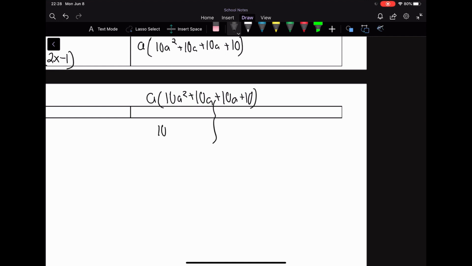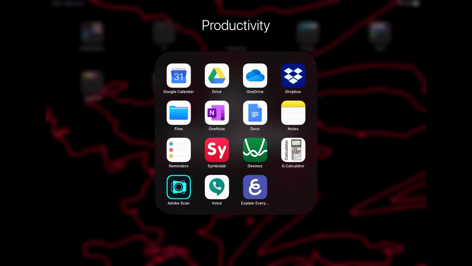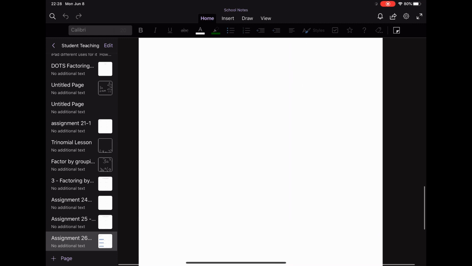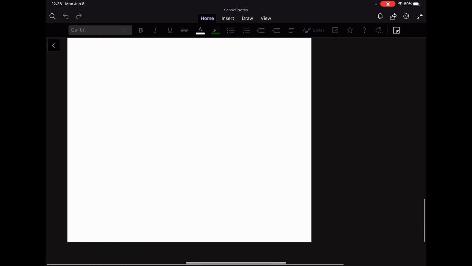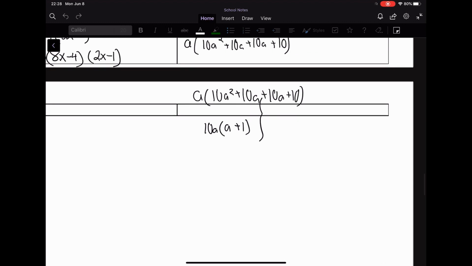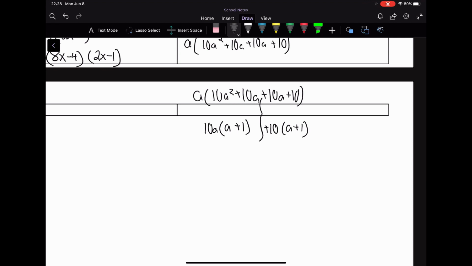So between these two, we could take out the 10a, and we'll be left with a plus 1. And we could take out a 10 here, and we'll be left with a plus 1 again.